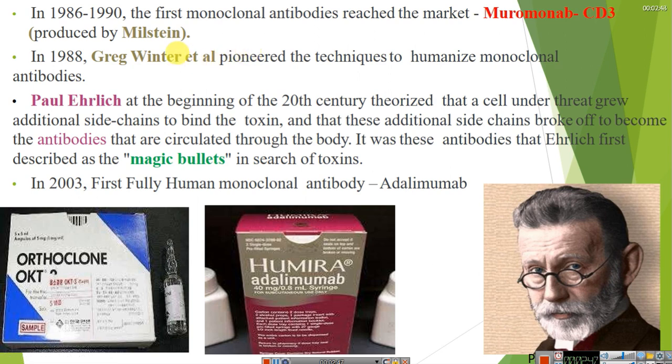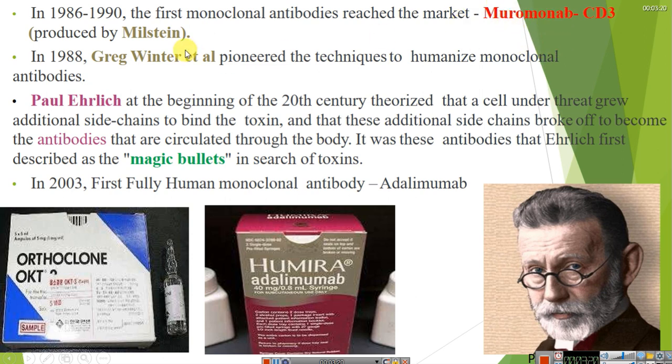As we will be studying designing and expressing monoclonal antibodies or their variants or engineered antibodies, we should know a little bit about the history of monoclonal antibodies. The first monoclonal antibody that reached the market was muromonab. Okay, muromonab CD3. It was raised against the CD3 molecule, and it was a murine origin monoclonal antibody.